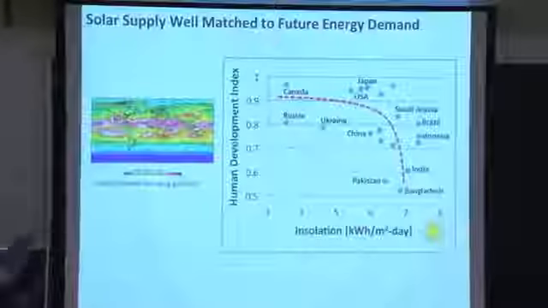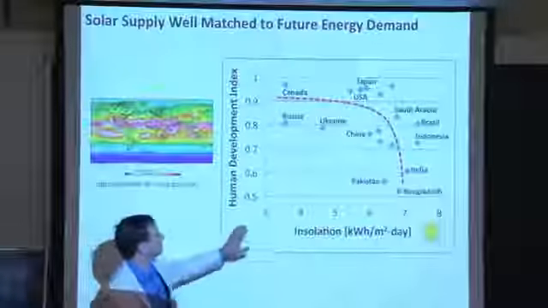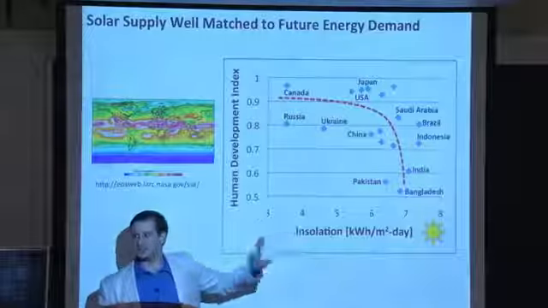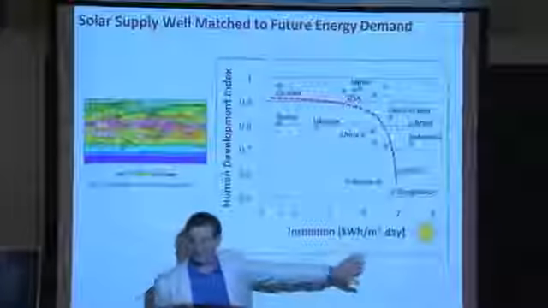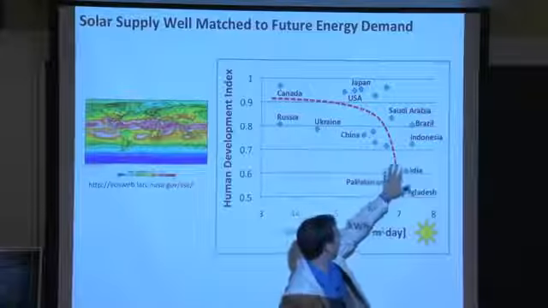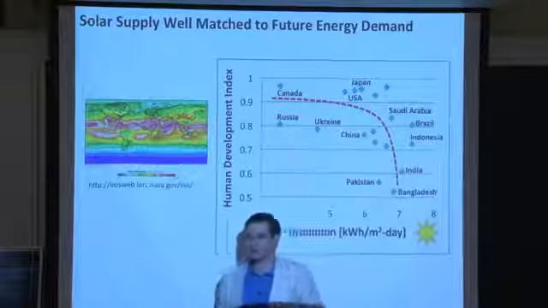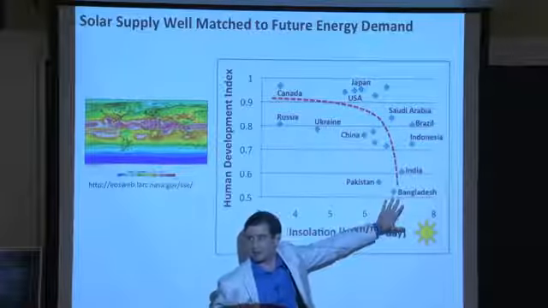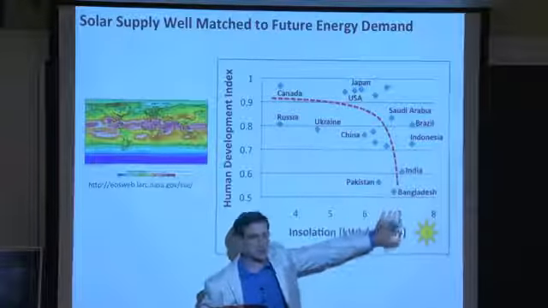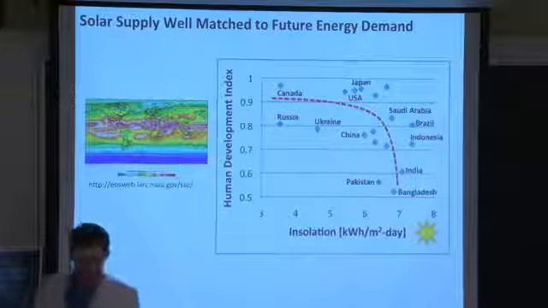And to put that into another nice chart, I don't think this is very common yet. You've seen the HDI versus per capita income, but this is HDI versus insolation, showing that those regions of the world that are ranked lower on the HDI scale are precisely those regions that have higher insolation, that have greater access to that solar resource.